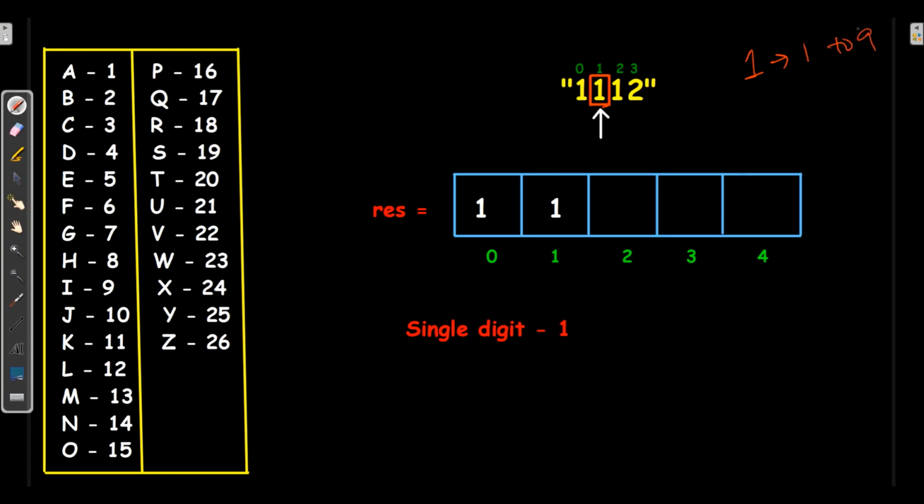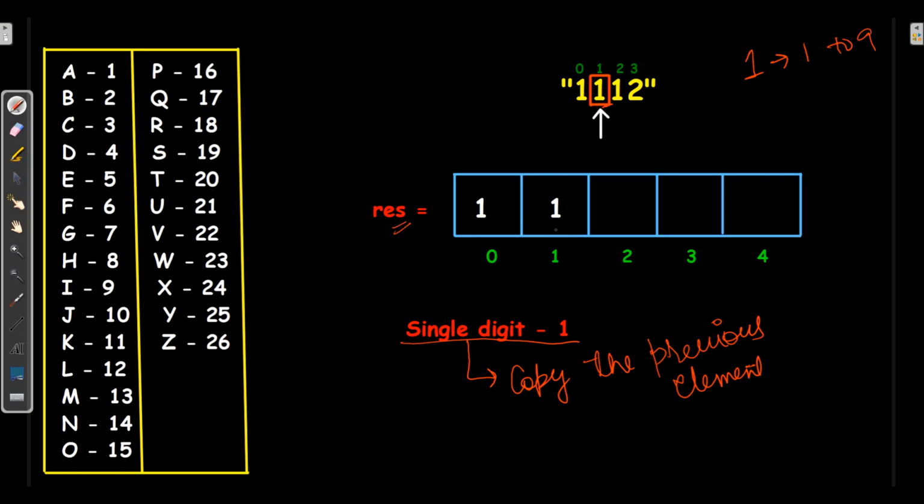If it is 0, it will return 0 then and there. Now here we have 1. If we have single digit as 1, copy the previous element. I already have 1 in my resulting array, so I'll just copy the last element in my resulting array.